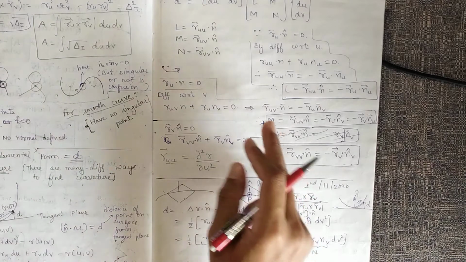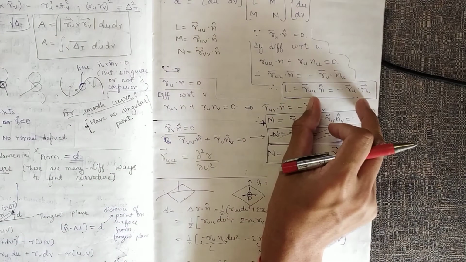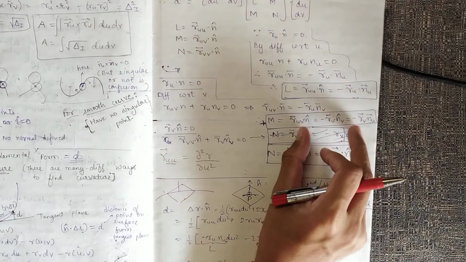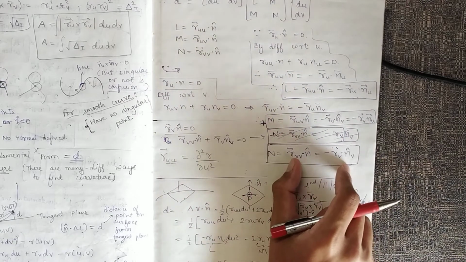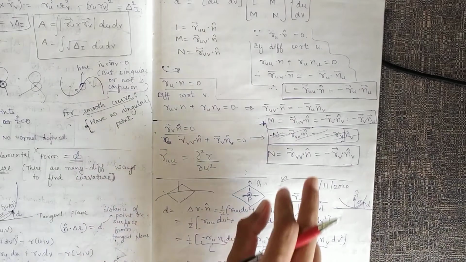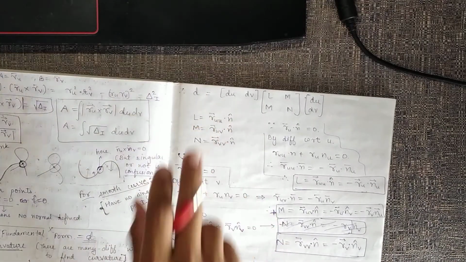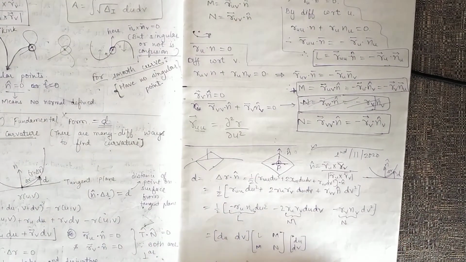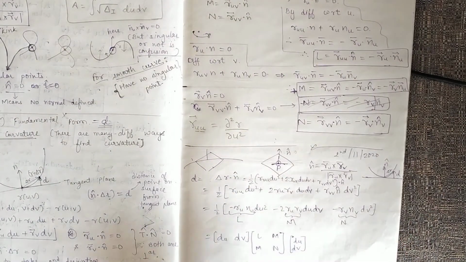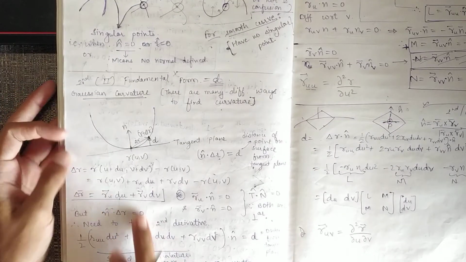So finally, we can have 2 expressions for defining L, 3 expressions for defining M, and 2 expressions for defining N. We can use this to find the distance, and that distance we'll use to define the curvature afterwards. So this is the same as what we did here.